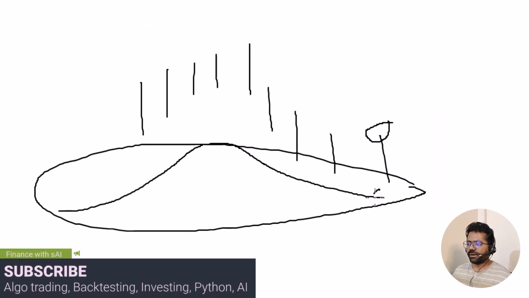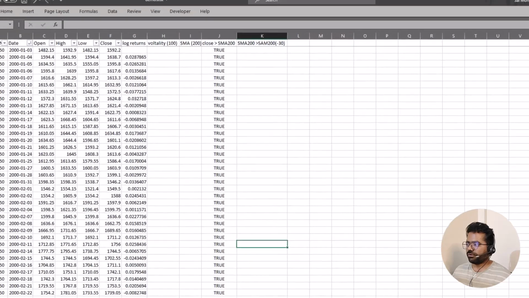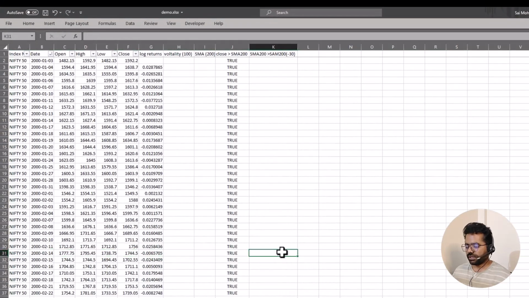That is why I am comparing today's SMA with the SMA 30 days before, to check if this is higher than the SMA 30 days before or not. To do that, I am going up to the 31st row and then I am comparing if this SMA 200 is greater than this SMA 200 or not. And then double clicking this gives this.